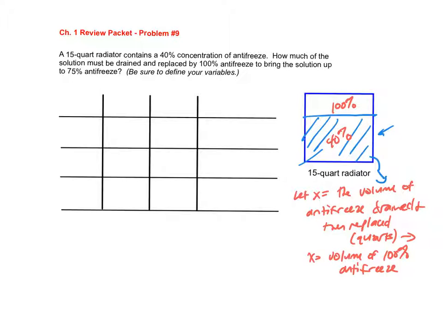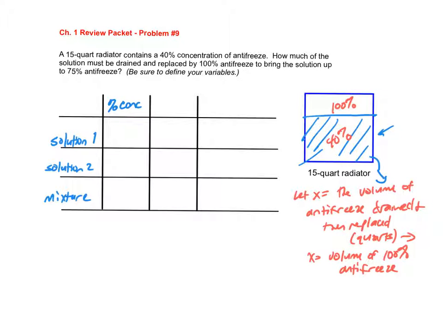Now let's see if we can put all the relevant information into a table to keep it organized. In the first column, we're going to put what we're mixing. For lack of any better name, I'm going to call them solution 1, solution 2, and when we mix them together, we're going to call them the mixture. The next column says what's relevant about these solutions. One thing we need to know is the percent concentrate.